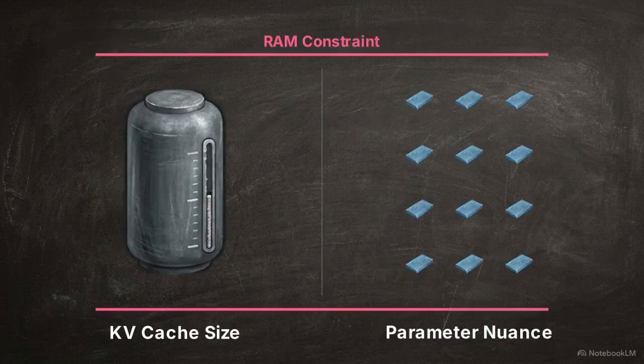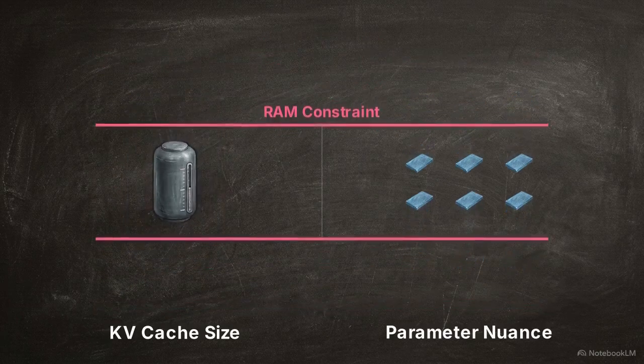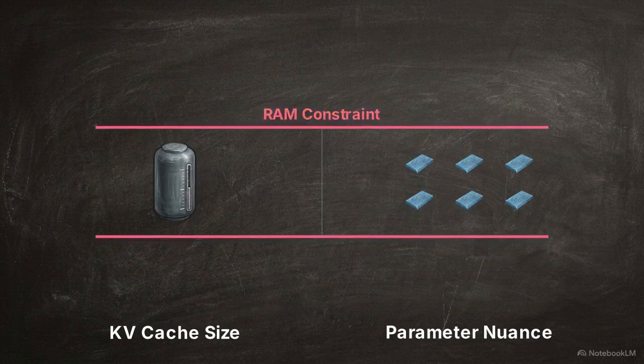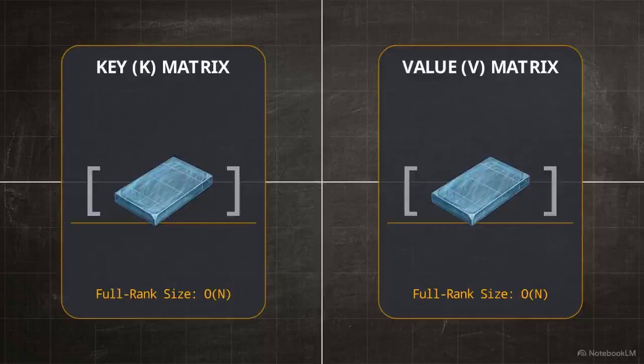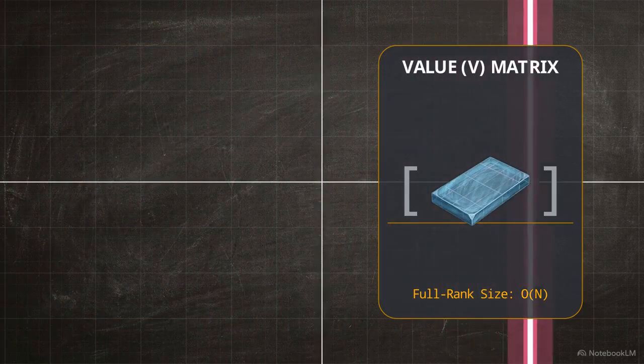This immediately cuts the size of the cache, but it sacrifices parameter capacity and model nuance just to squeeze more context into limited RAM. Grouped queries merely delay the inevitable memory wall. To build truly long context models, engineers needed an architecture that mathematically eliminated the full key and value matrices entirely.